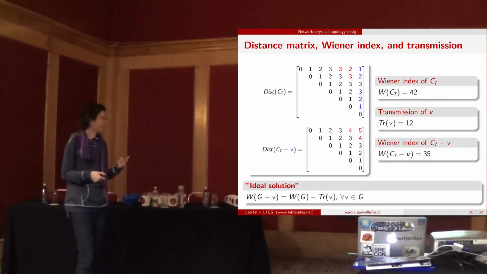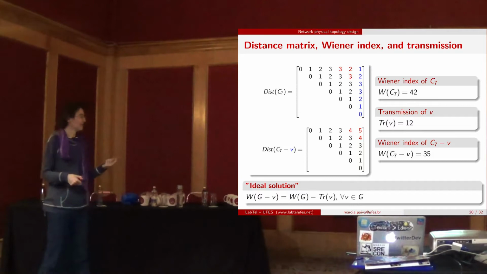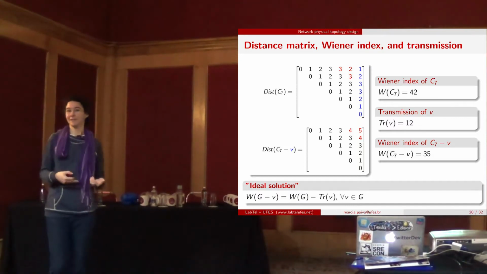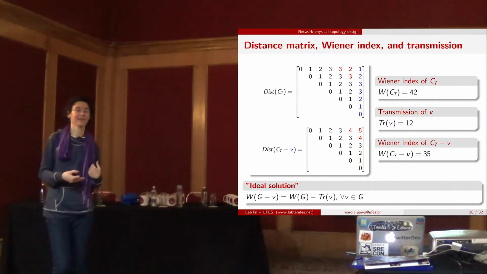So that difference between these two quantities we will call the node Wiener impact. That is the impact of that failure on the Wiener index.